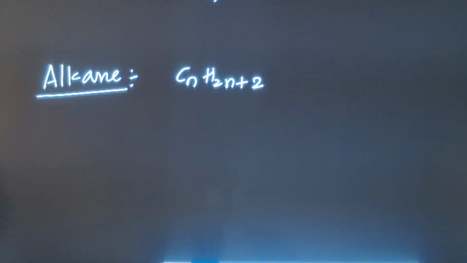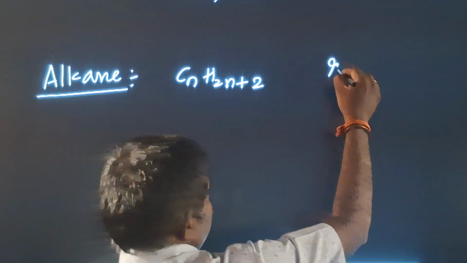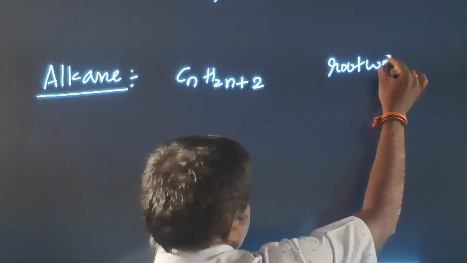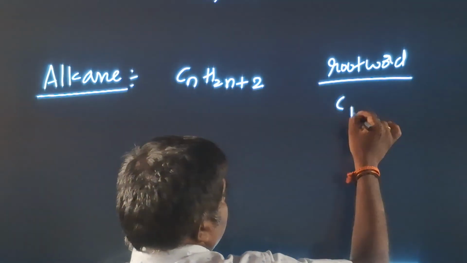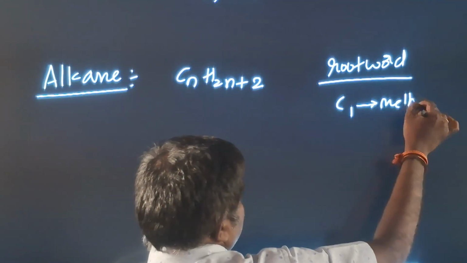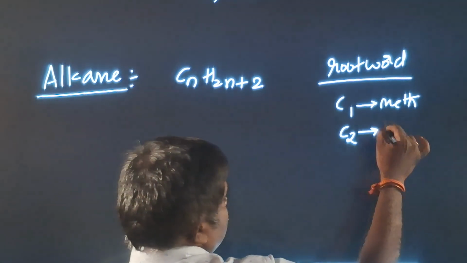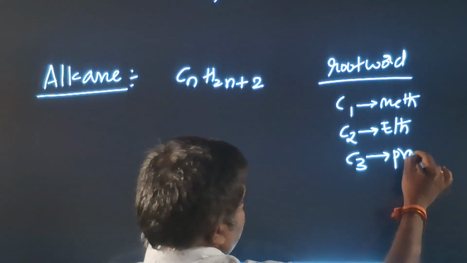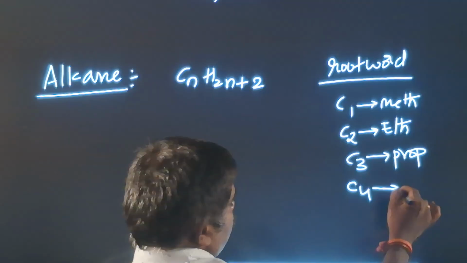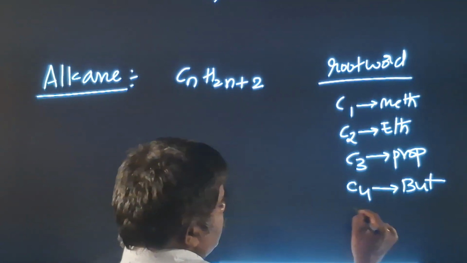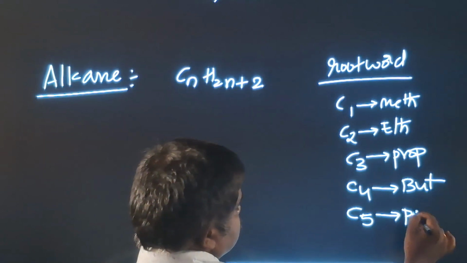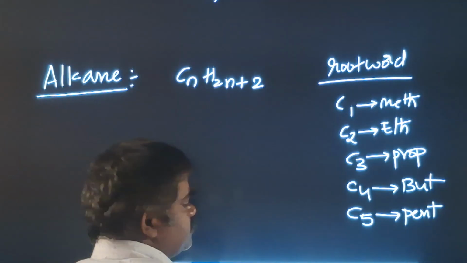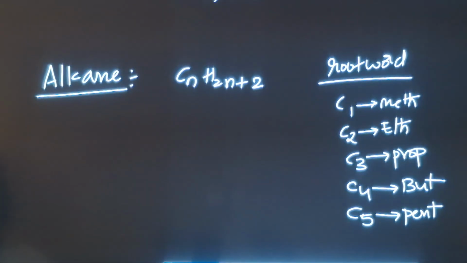According to the root word, one carbon is known as meth, two carbons eth, three carbons prop, four carbons but, five carbons pent.